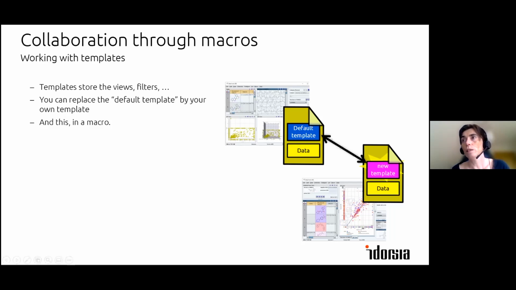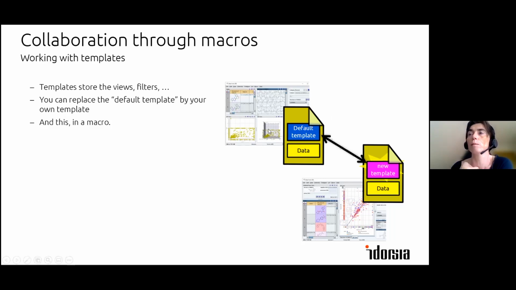So in every DataWarrior file, the data is organized this way. You have a part which is only the data themselves, so they are naked data. And on top of that, you have a template. So when you get the data directly from your URL with these 4 windows and this greenish color, it means that it has used the default template.